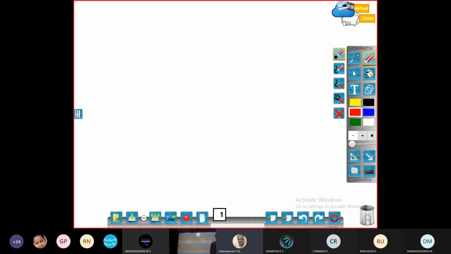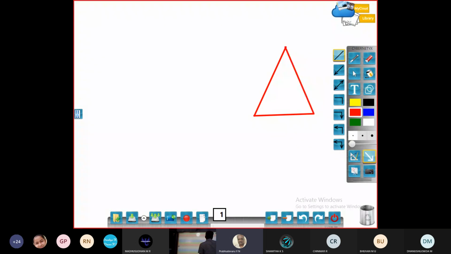One second, I am going to draw the triangle. You can see here three line segments. You can call this ABC. It's a plane figure formed by the intersection of the three lines.